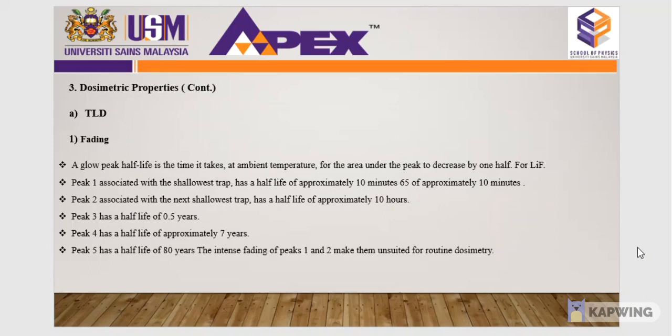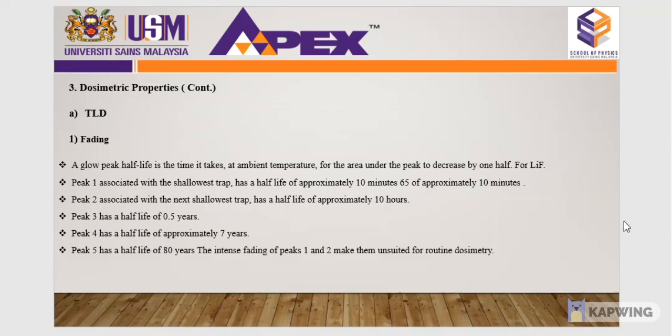For more explanation, the theory says a glow peak half-life is the time it takes at ambient temperature for the area under the peak to decrease by 1/2 for LiF.